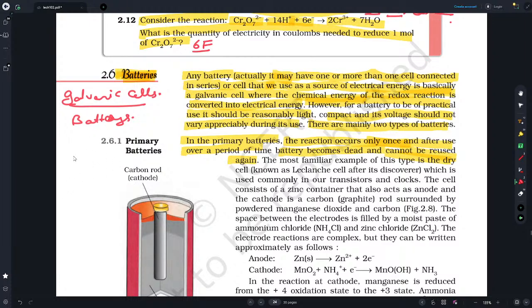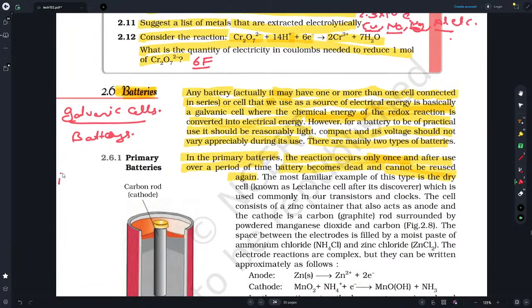Batteries are divided into two types: primary, which is a one-time use battery, and secondary, which is rechargeable. Rechargeable batteries are the batteries we see in mobile phones, laptops, etc., or in many devices, even toothbrushes these days.